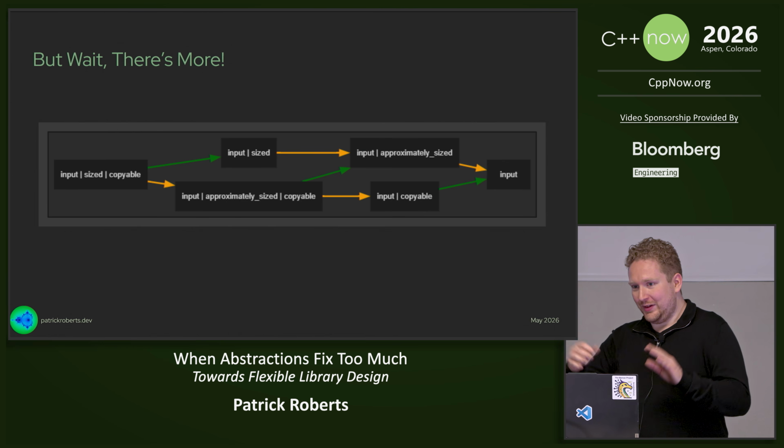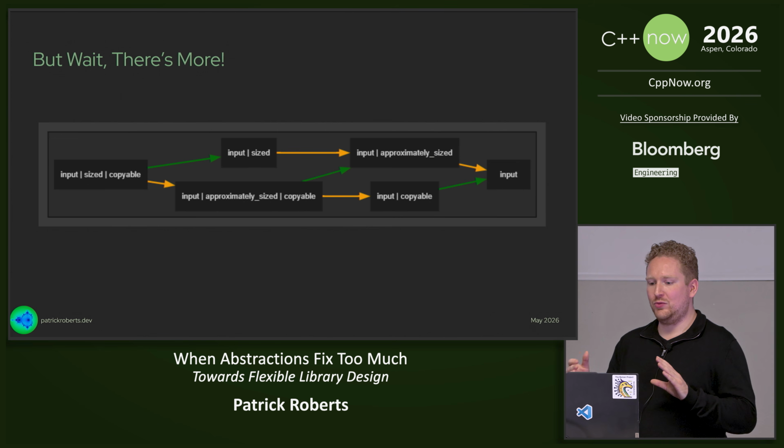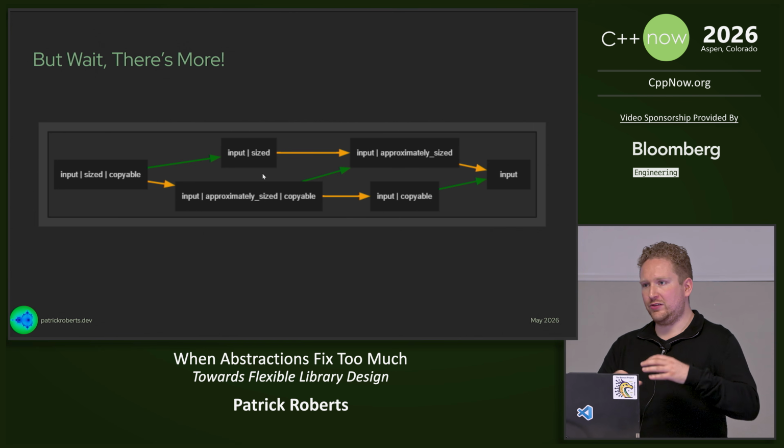But wait, there's more. So I showed one dimension in that lattice. We're only degrading along one inheritance chain for witness tables. But in AnyView, because it's a bit mask of capabilities that are orthogonal to each other, you actually have this multi-dimensional lattice of degradation that you have to support.